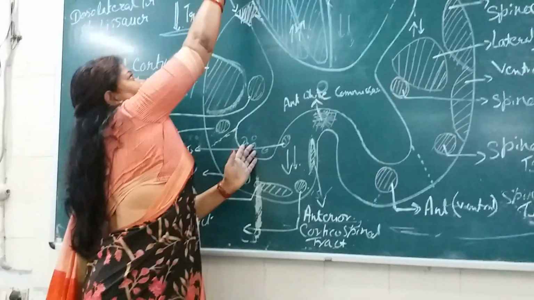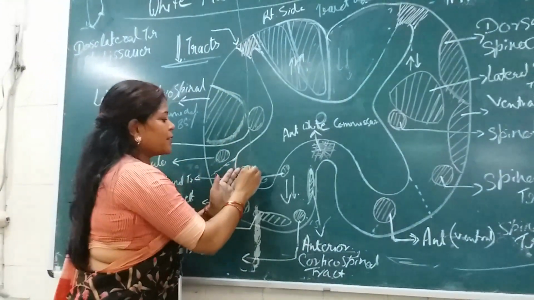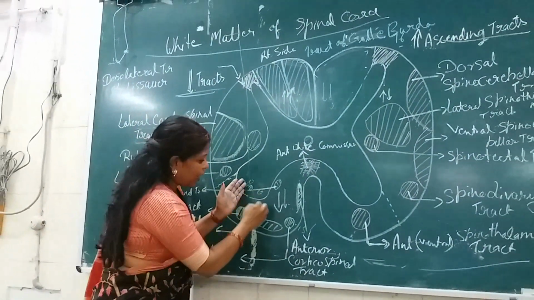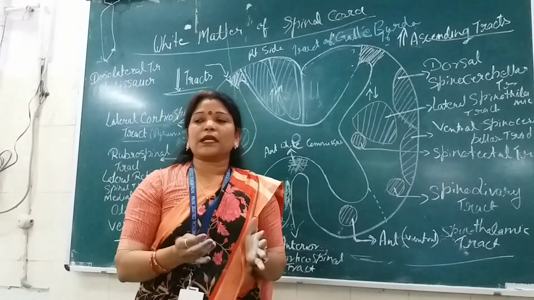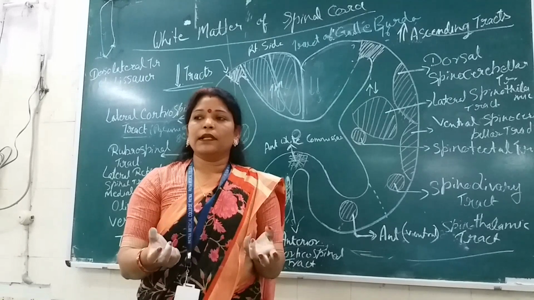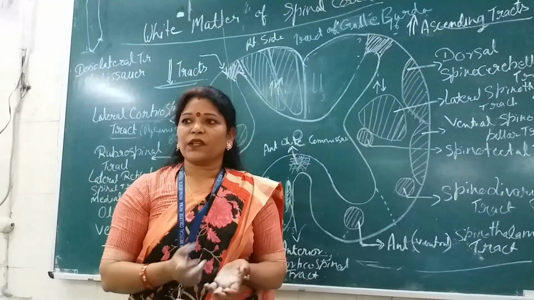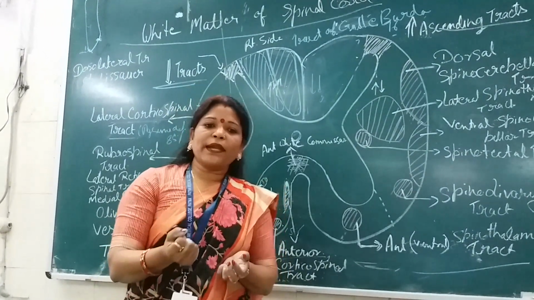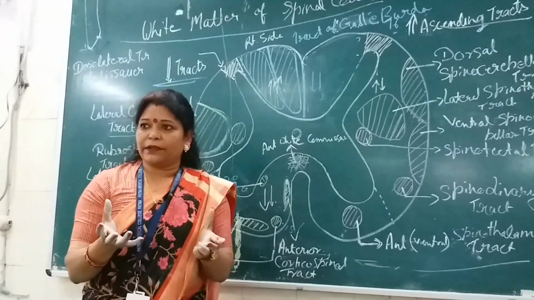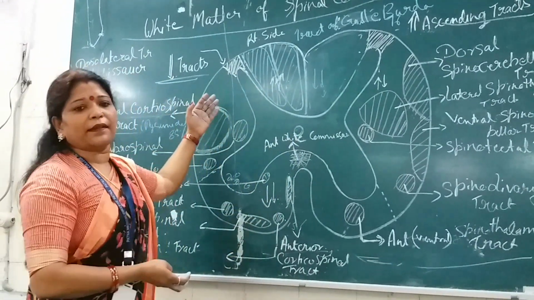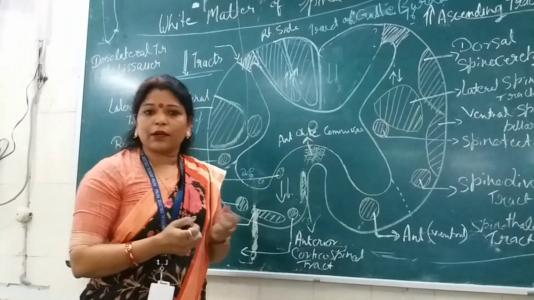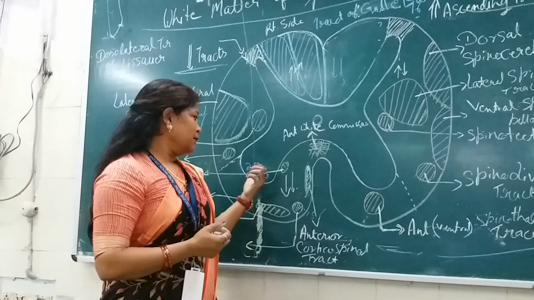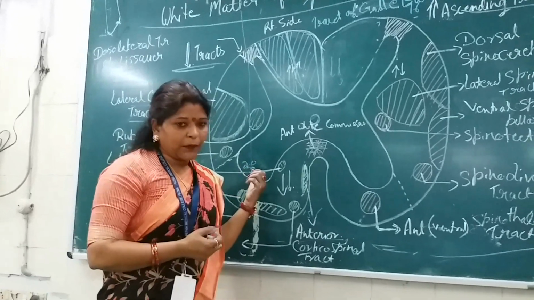So whatever tract is coming here and synapsing here, through this alpha and gamma neuron, it is controlling the voluntary muscles of the limb or the trunk muscles, for the voluntary movement of the limb as well as the trunk movement. So the corticospinal tract's function is voluntary movement. Okay, corticospinal via these alpha neurons and gamma neurons.